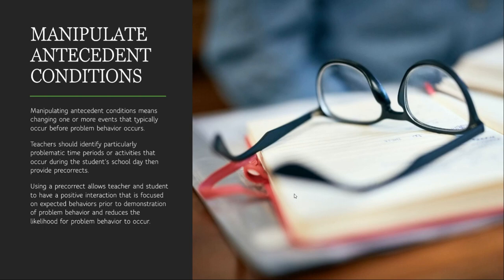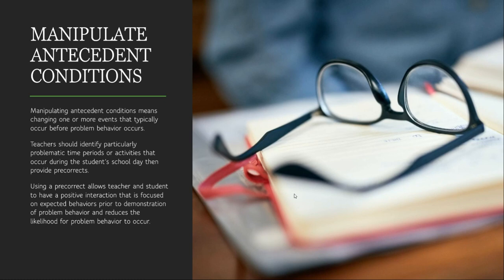Manipulating the antecedent condition means the team is changing one or more events that typically occur before problem behaviors occur. And again, if you are not familiar with the ABCs of behavior, I highly advise that you go back and start at video 1 because we discussed this throughout all of these videos.